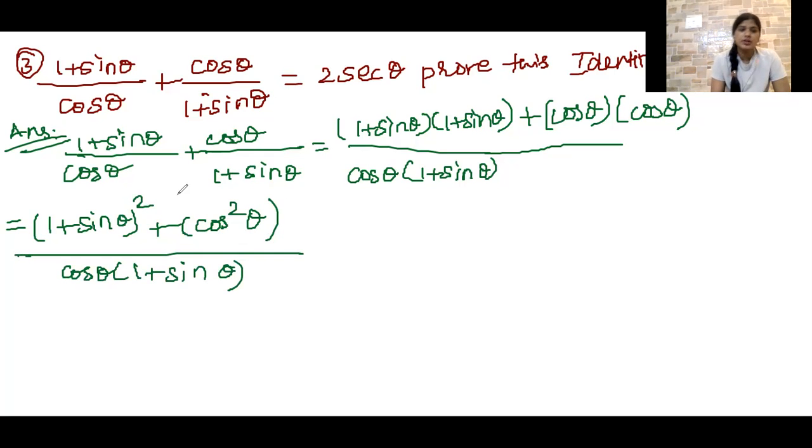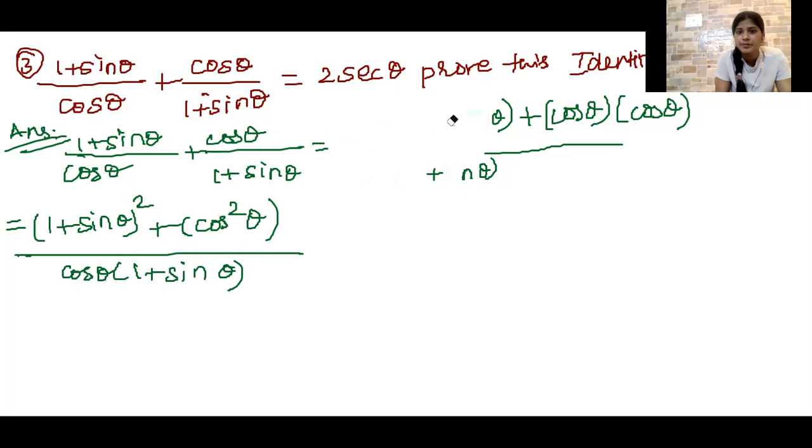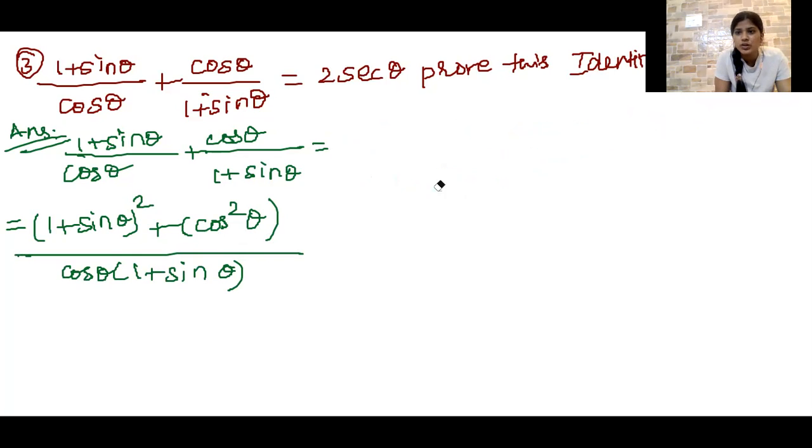Now in the numerator, I do have 1 plus sine theta the whole square, which is in the form of a plus b the whole square. So now I can substitute that identity and expand it. Now I'm going to erase this. I need some space to work.